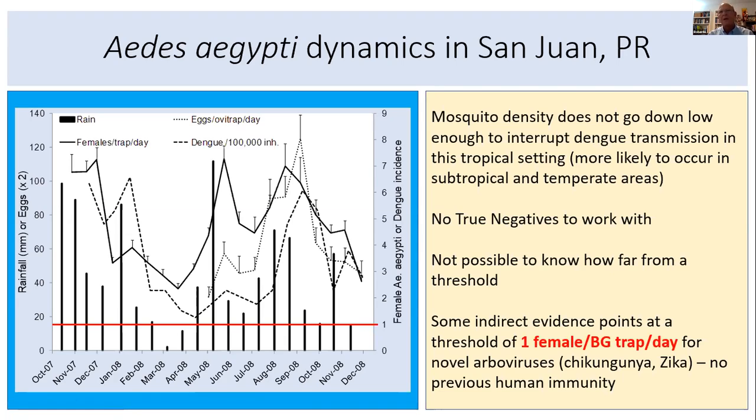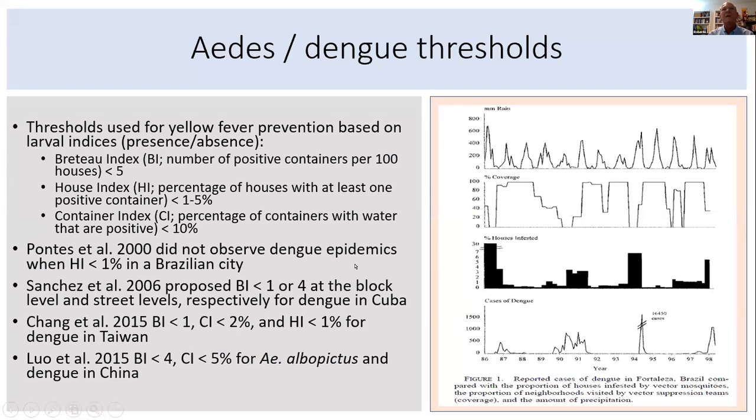So it's very low. And if you can see, the population of Aedes aegypti never goes down to one or two female per trap per day. So we have very little opportunity to find out what thresholds are just using observational data.